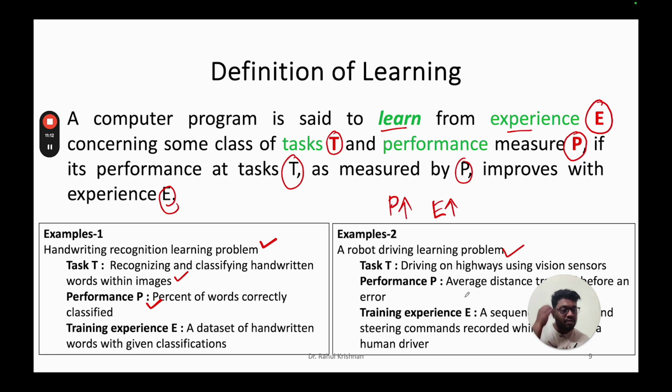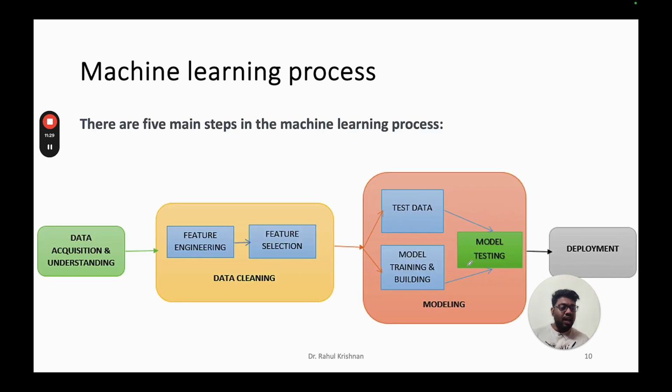This sequence of data is already learned, and using that knowledge, it is able to predict when a new error is going to happen, so that it can take necessary actions. That is the performance.